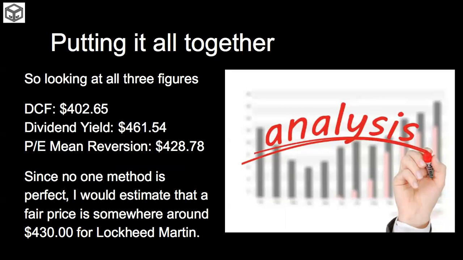Since we've talked before that no single method is perfect, there's two ways you can approach the valuation. You can either estimate based on the three, so you can look somewhere in the middle and say, okay, a realistic price would be around $430 for Lockheed Martin. Another way that you can do it is average the three out. So add the three together and divide by three. And it's going to give you an estimated price.